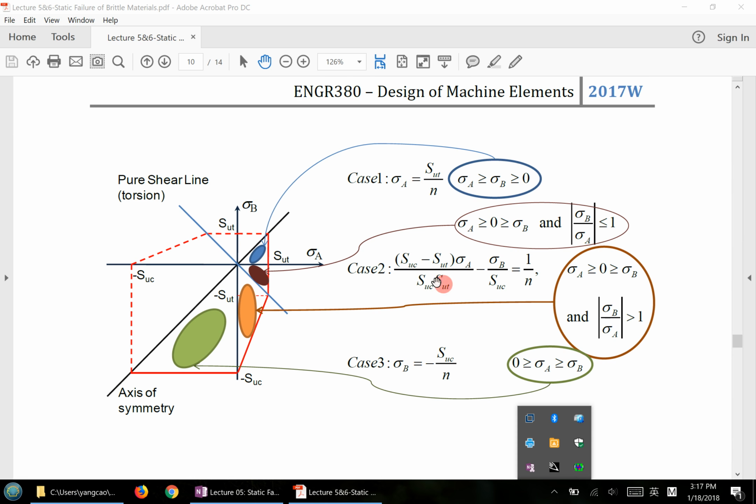For each case, you have line equations describing the boundaries. This is your guideline for following the formulas to calculate safety factors. I'll bring the handout next week, and I'll go through an example for brittle material, which is very similar to ductile materials. Just follow the formulas. Any questions? Okay, good.